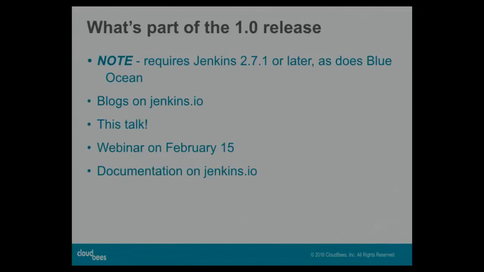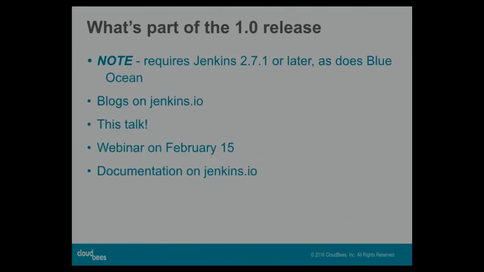We're doing a Jenkins online meetup on Wednesday, February 15th, talking in more detail about declarative, with more information, deeper demo dives, and some talk about the editor as well. And there is, by most open source standards, and especially by Jenkins standards, an immense amount of documentation up on Jenkins.io. Thank you, Tyler.